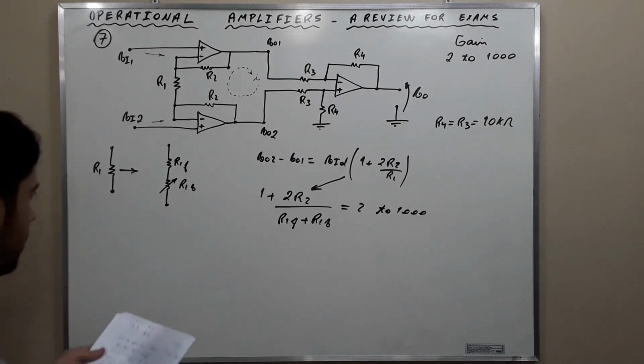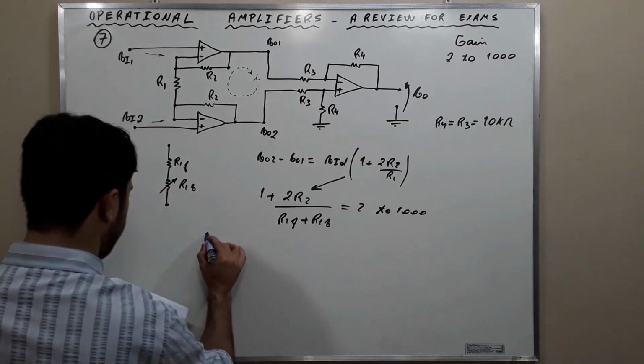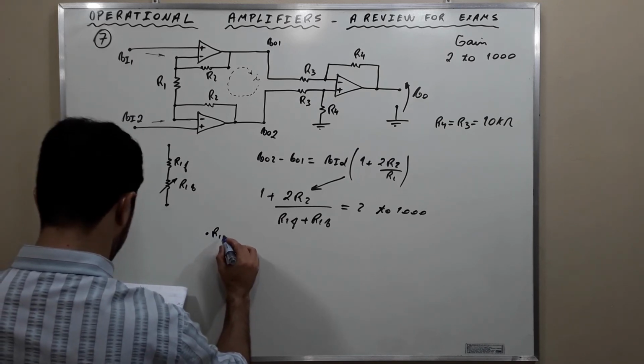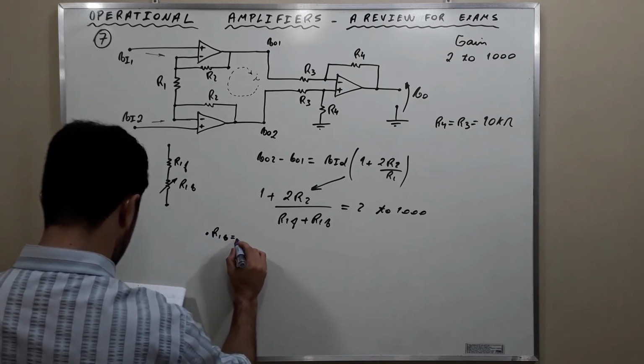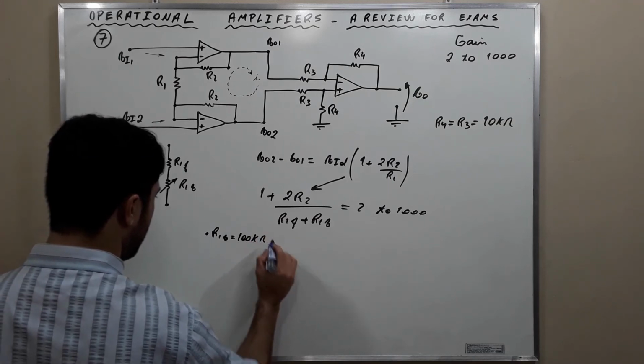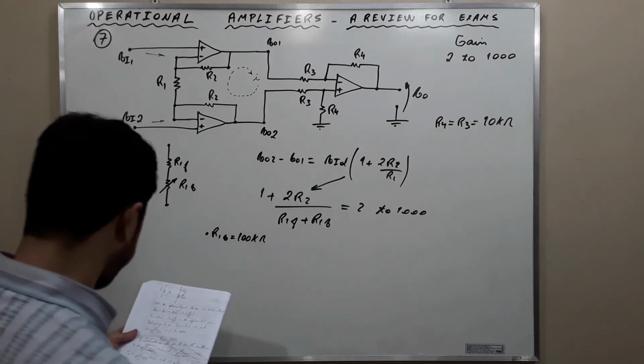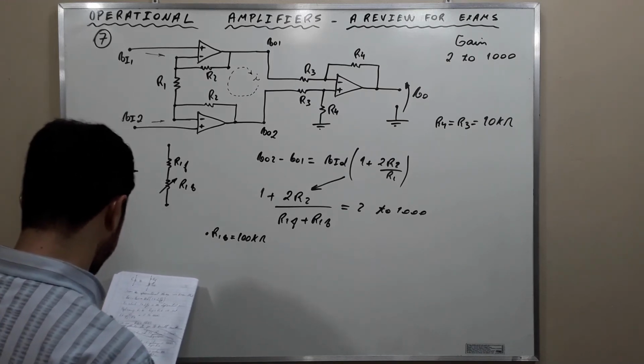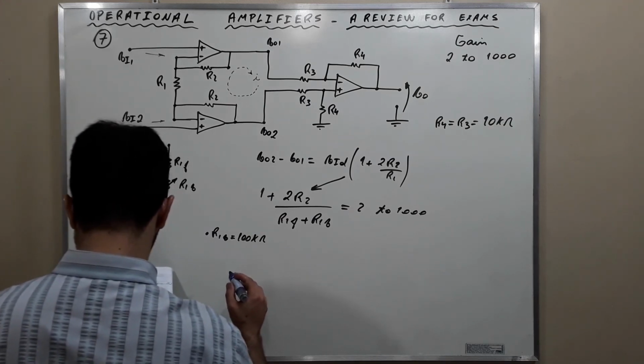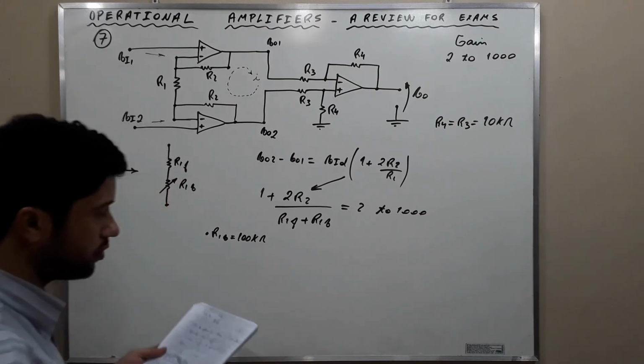If we use R1V as 100 kilo ohms, a 100 kilo ohms potentiometer for the variable resistance, we get that the maximum gain occurs, okay?